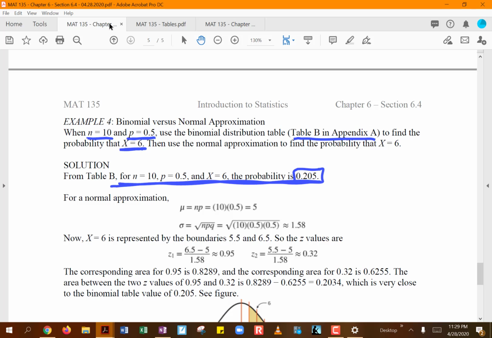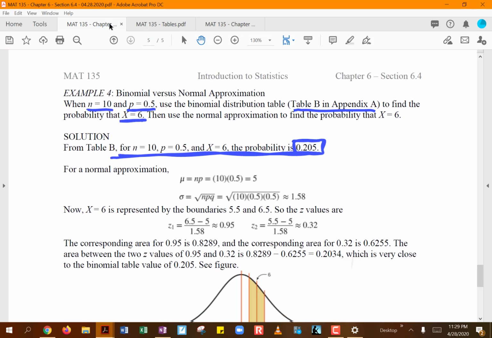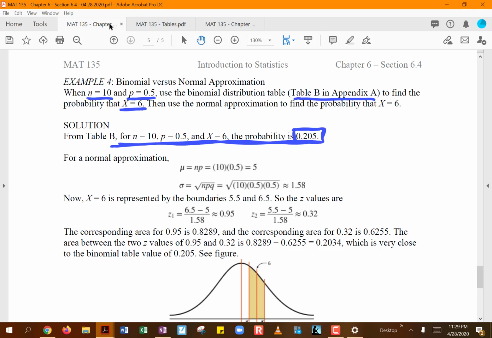So if you multiply n times p, you get the value of 5. If you multiply n times q, you would also have 10 multiplied by 0.5, which gives you 5. So of course we can use normal approximation on this.